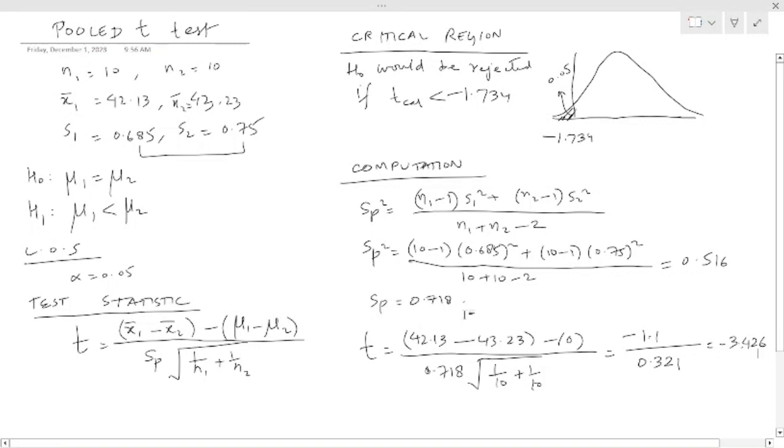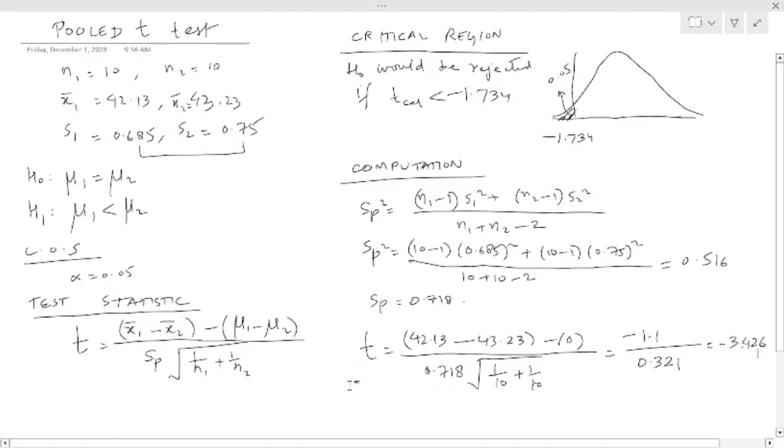Now substituting x1 bar, x2 bar, n1, n2 and SP values in the t formula, this is how we get the answer. The calculated value of t is coming up as minus 3.426, which is clearly falling in the rejection region under the curve, and we can take our decision accordingly.